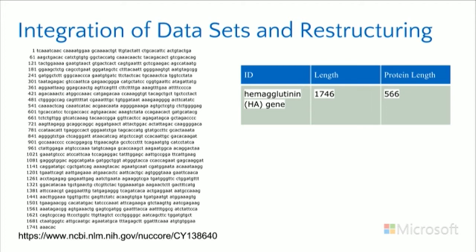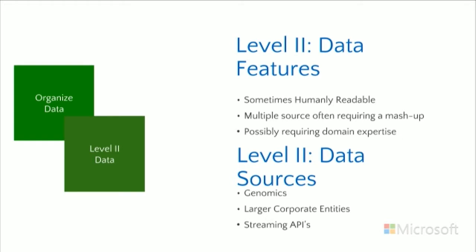So that's just an example of taking multiple pieces of information, bringing them in, and then turning them into something that's a little bit more digestible. That's the goal of the level 2 aspect of data organization. Sometimes it's humanly readable and you just bring in multiple tables. Other times, you might need some domain expertise to really get your hands into that data.